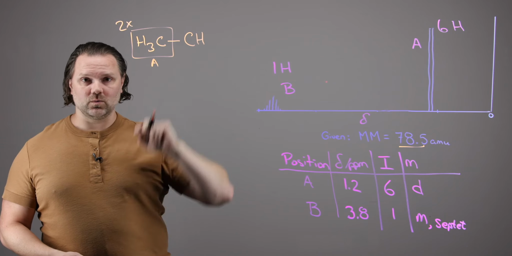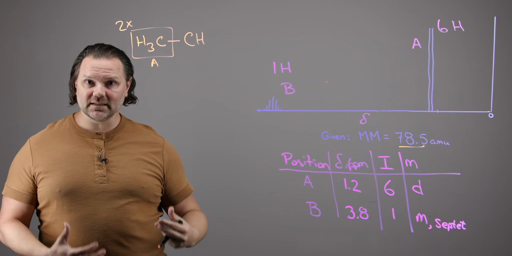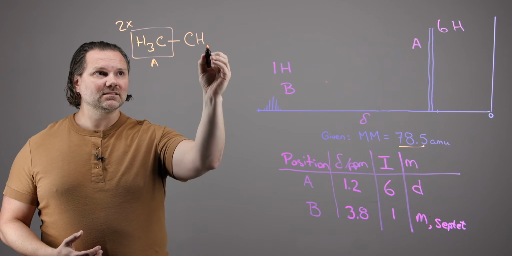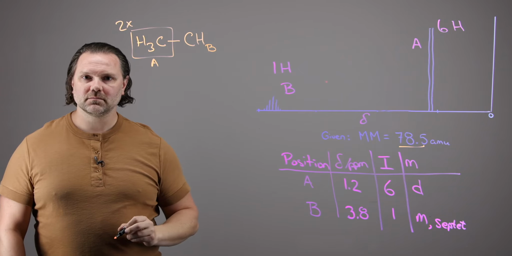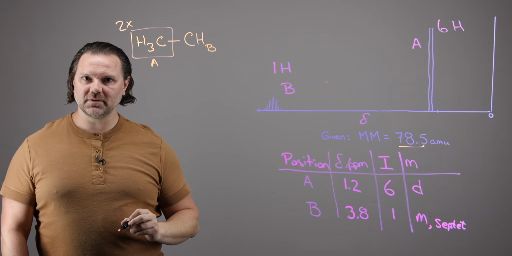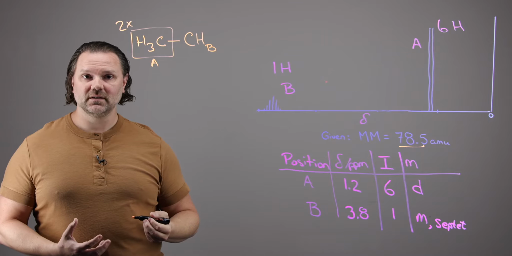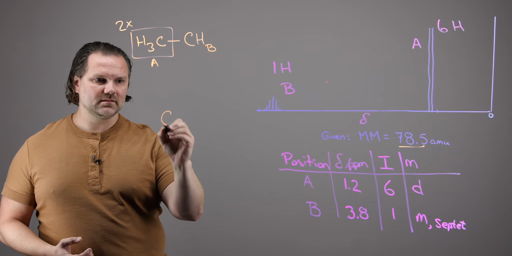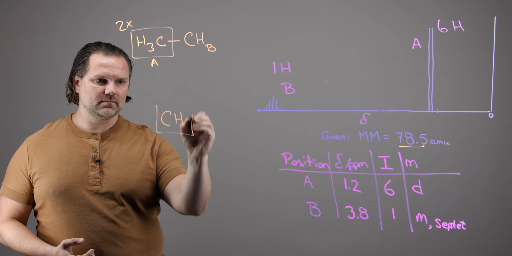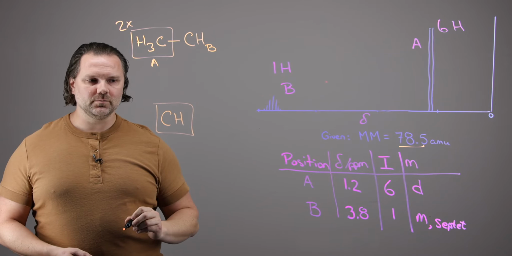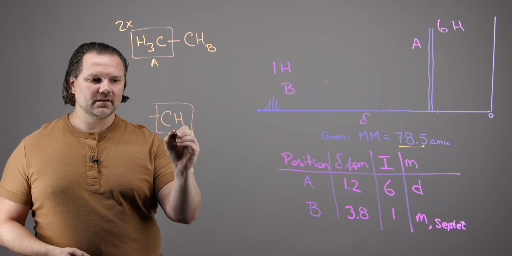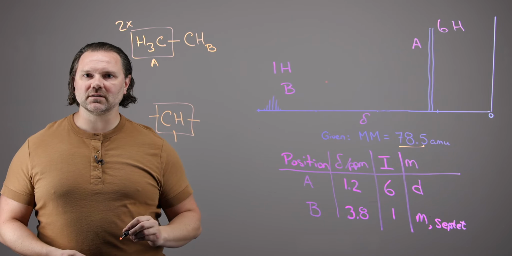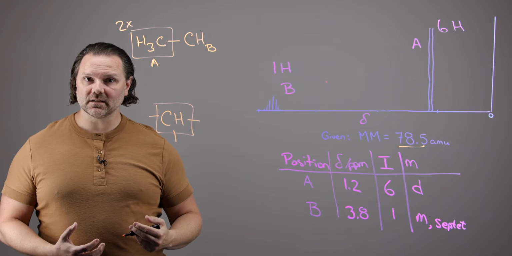So we know that the proton splitting signal A has to be the single proton of signal B. And we know that B, which is a CH group, needs to have 3 more bonds to satisfy the octet of the carbon.